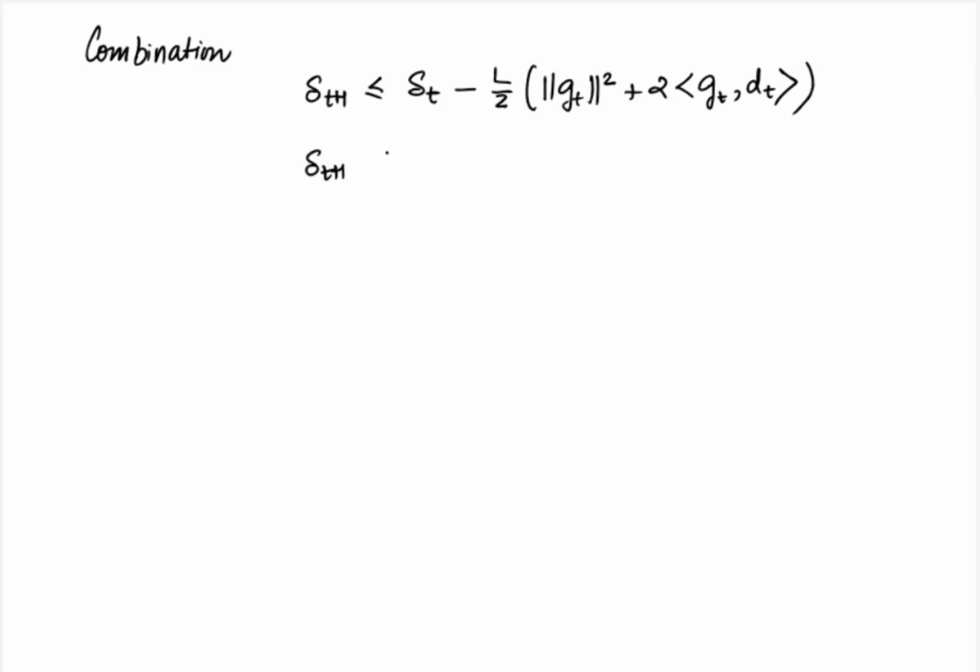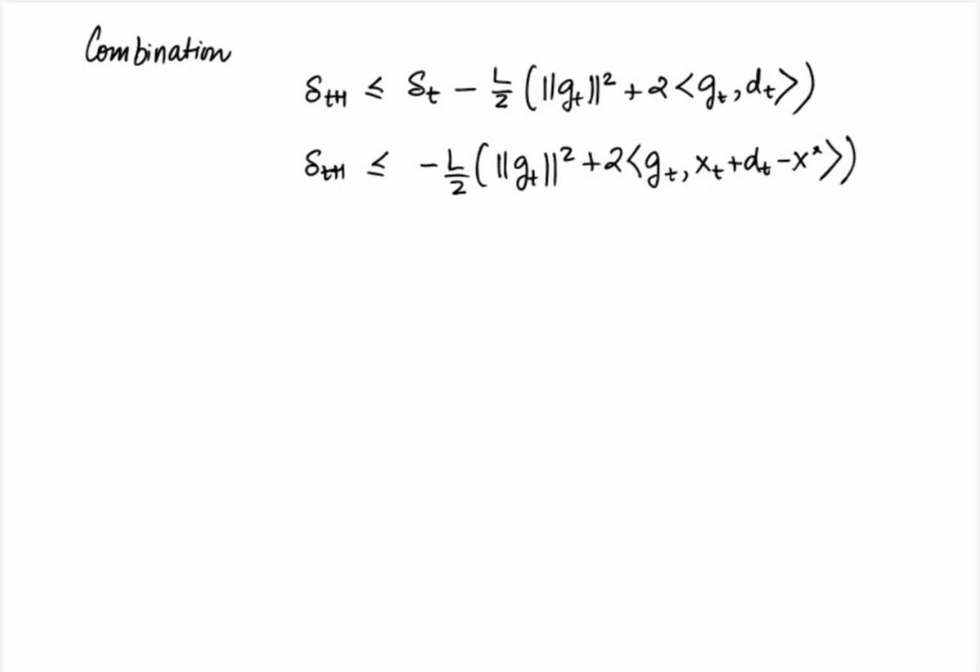So just summarizing, we have the inequalities that delta t plus 1 is less than or equal to delta t minus L by 2 norm square of gt plus 2 inner product of gt comma dt, and delta t plus 1 is less than or equal to minus L by 2 norm square of gt plus 2 times inner product of gt comma xt plus dt minus x star.